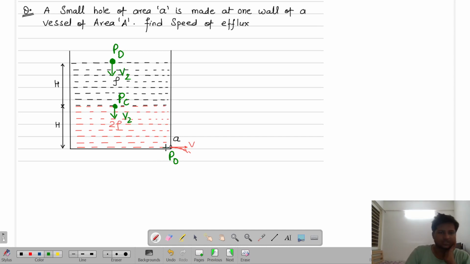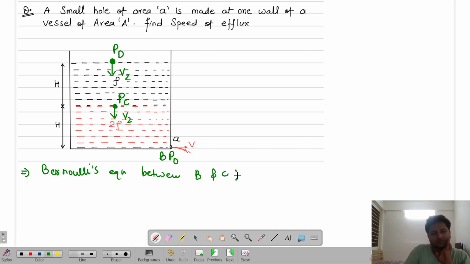So let's suppose this is C, D and this is point B. I can apply Bernoulli's equation first between B and C. So pressure at B is P naught plus half rho V square, isn't it?